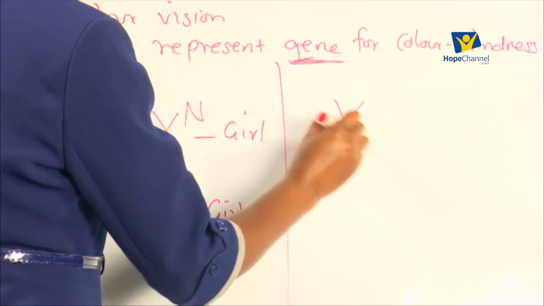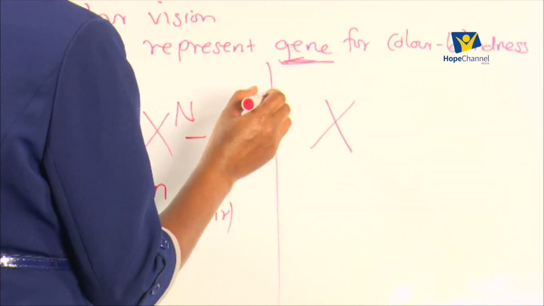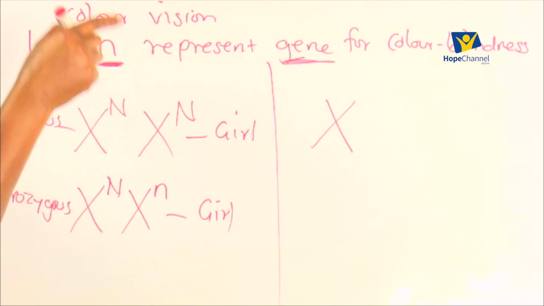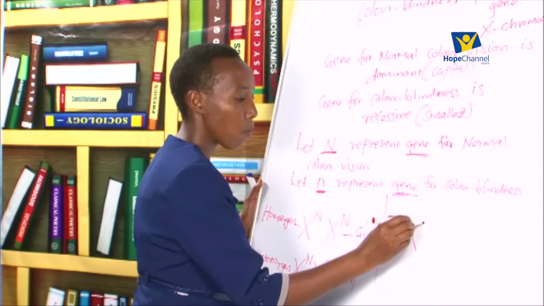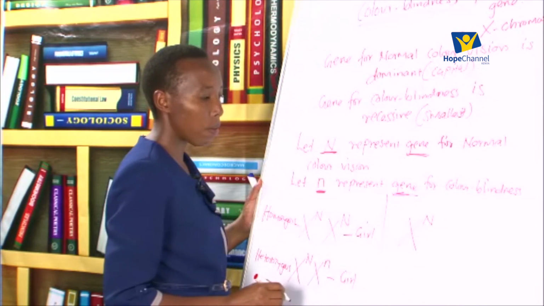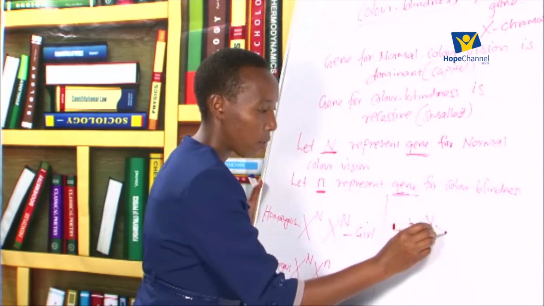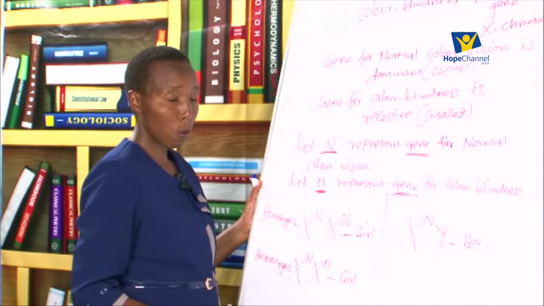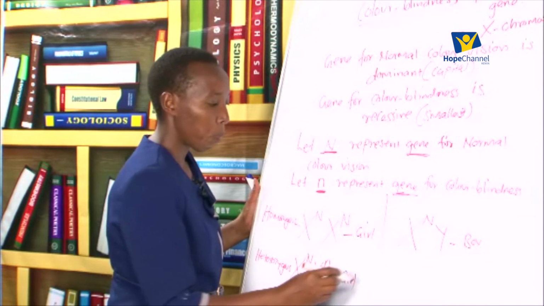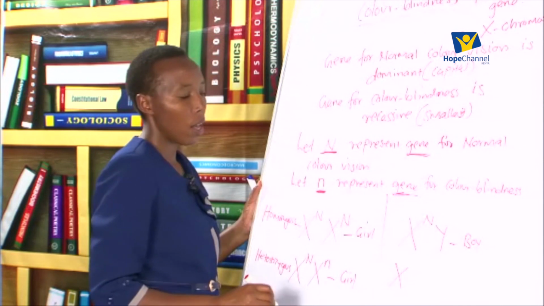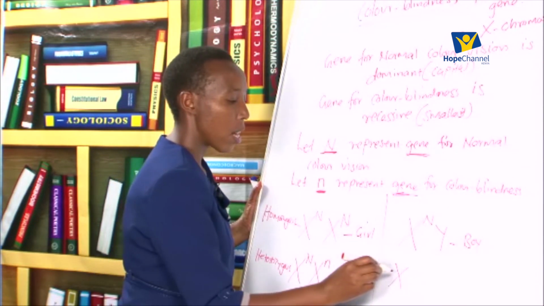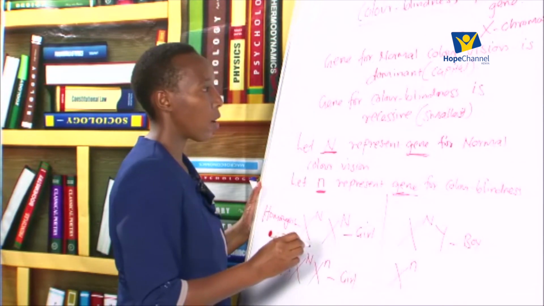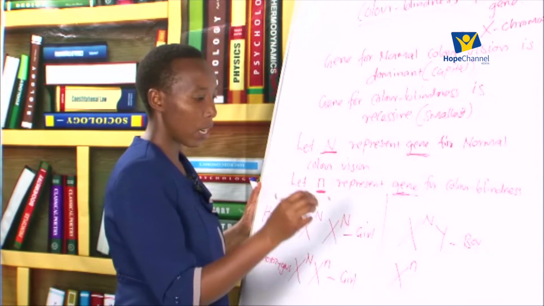Boys only have one X. So that X might be carrying the gene for normal color vision. So this is a boy who has a normal color vision, or that X for the boy might be carrying the recessive gene for color blindness.